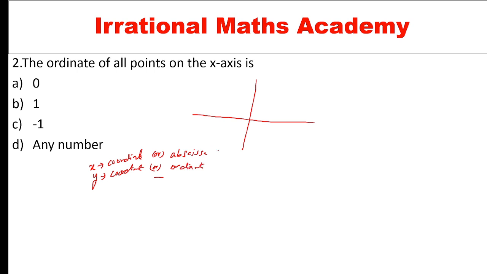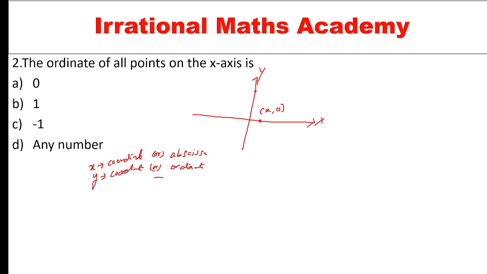So on the x-axis, for example, let us take this one. This is our x-axis and this vertical one is the y-axis, right? The ordinate of all points on the x-axis. On the x-axis, how would the coordinate be? x comma 0.